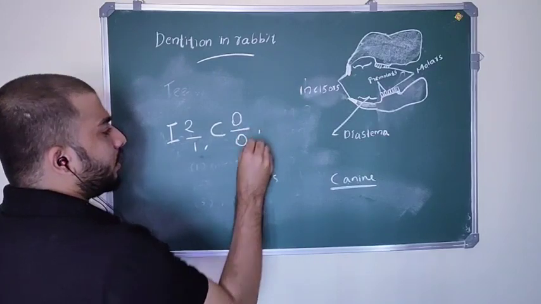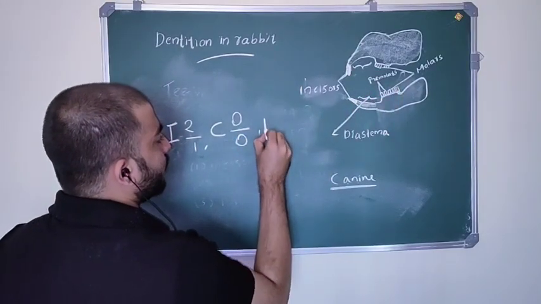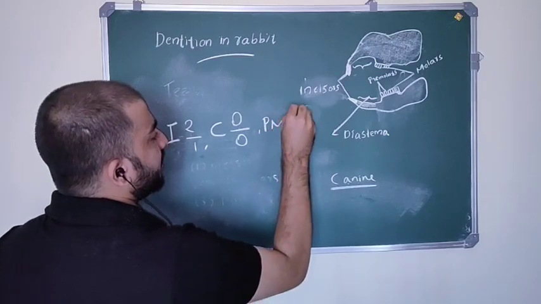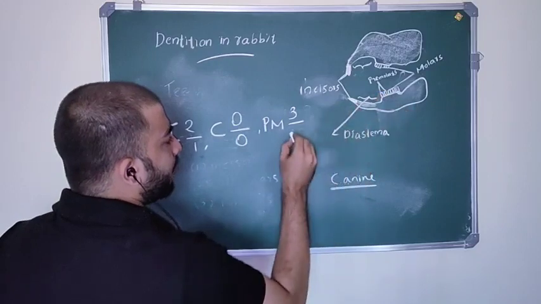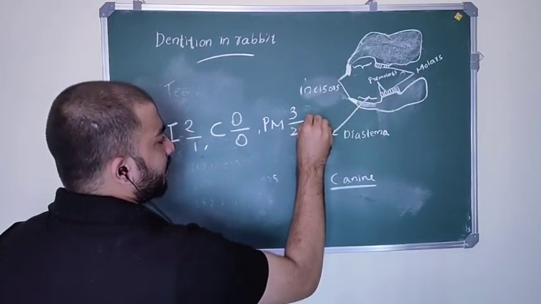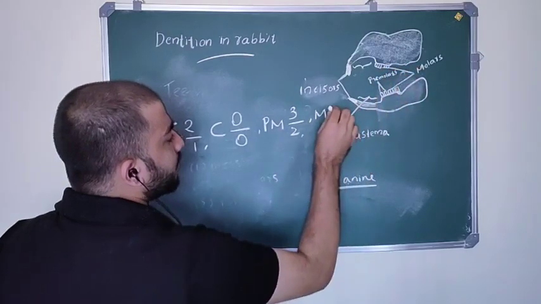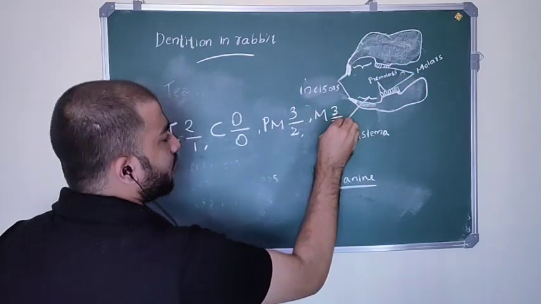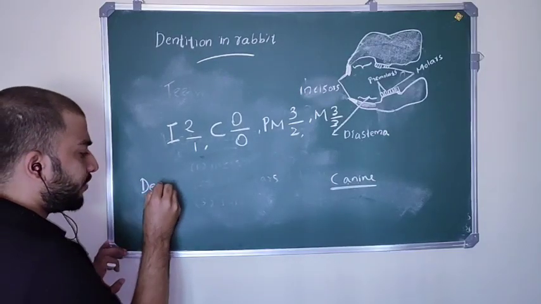Then what about premolars? On the upper jaw three premolars are present, and on the lower jaw only two premolars are present. And next, what about molars? You can see here three molars are present on the upper jaw and three molars on the lower jaw. So you can write the dental formula of the rabbit.